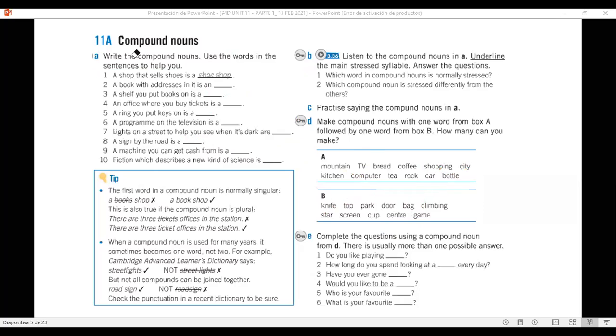Don't forget that these compound nouns are words that are formed by two or more other words. Cuando generalmente estas compound nouns se utilizan con demasiada frecuencia, pues tienden ya a escribirse juntas, por ejemplo, fútbol.